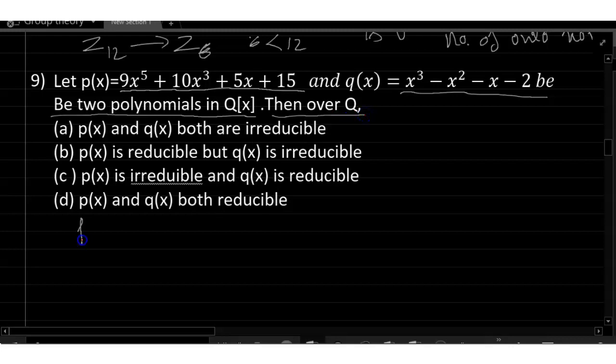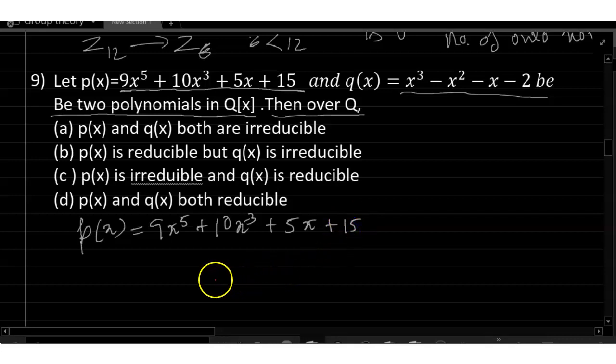Then over Q, first we start with P mod p, taking p equal to 2 as a prime number.